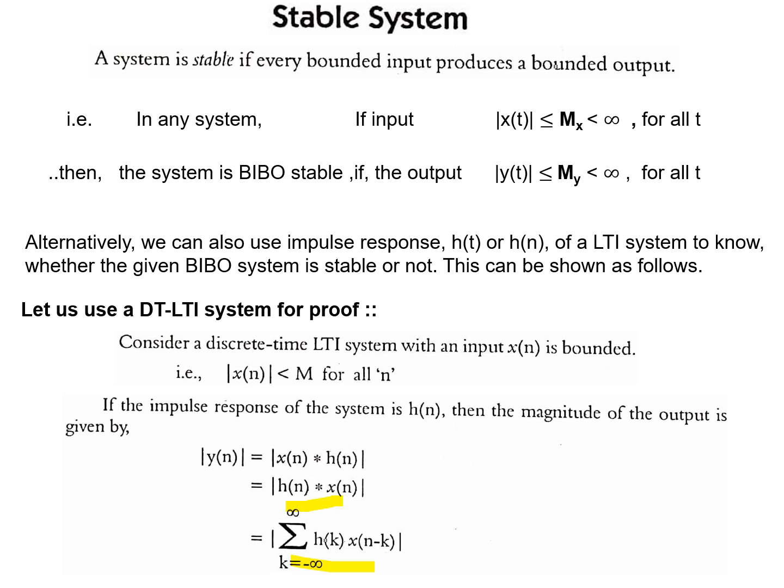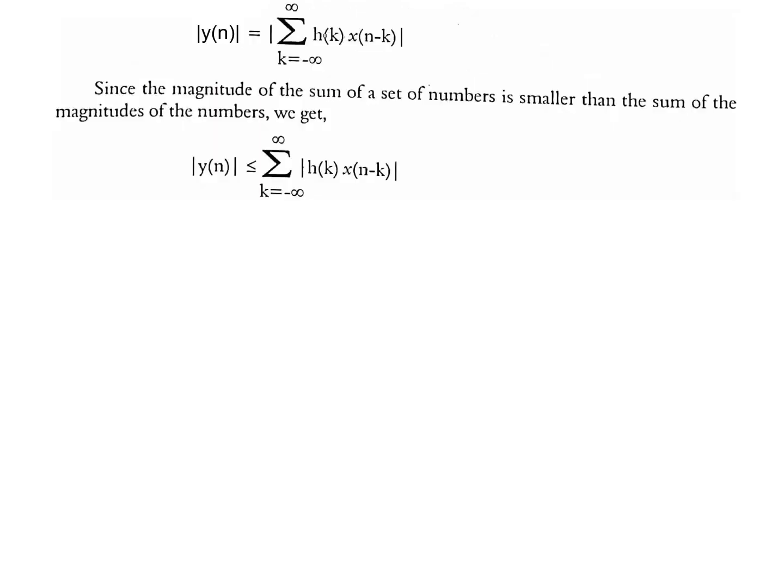So what I'm doing is rewriting the same expression. Now, modulus of summation of this product. I want to take the summation outside the modulus. When I take the summation outside the modulus, the equality becomes greater than or equal to.